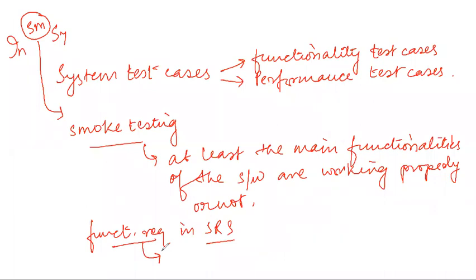If it is working, okay. If it is not working, then it needs to be redone. And this is about the functionality test cases. And what is this about performance test cases? Now, the performance test cases, on the other hand, test the conformance of the system with the non-functional requirements of the system. And how do we do this? We have already studied that, in black box testing, right?